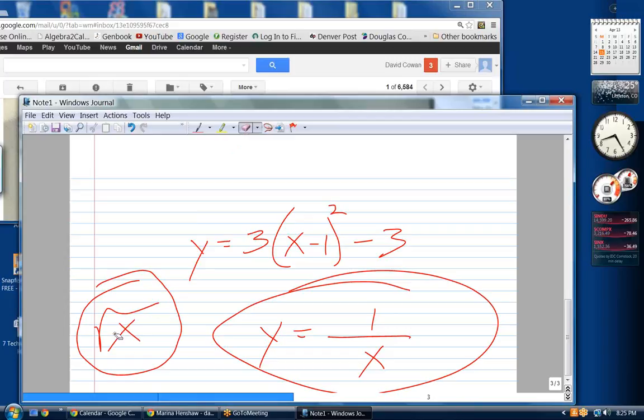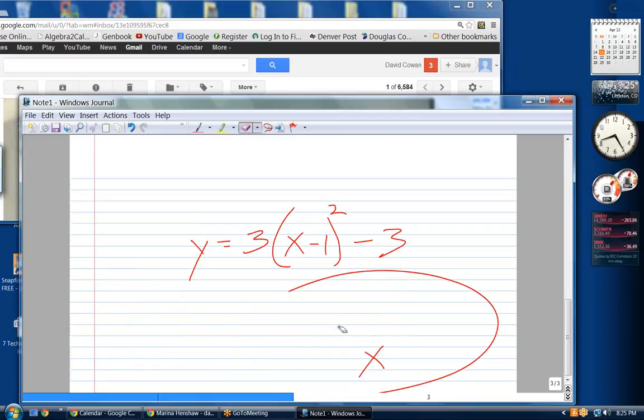So domain is whatever x can be allowed to be. And in this function here, there are no restrictions. I can let x be anything I want. Okay? Oh, I get it. So the domain, do they make you give it in interval notation?